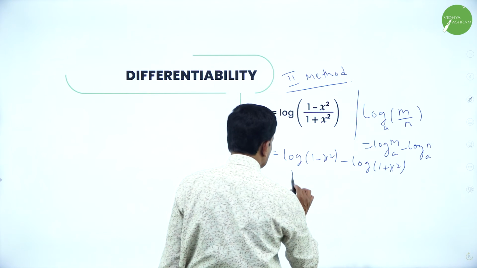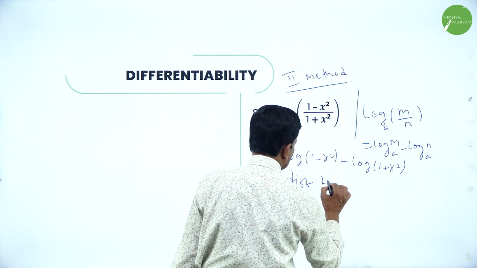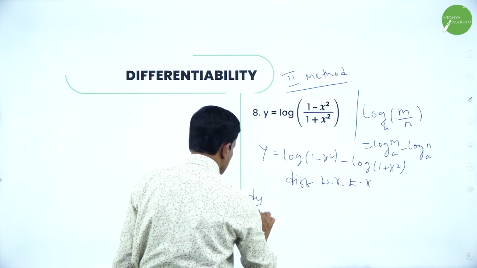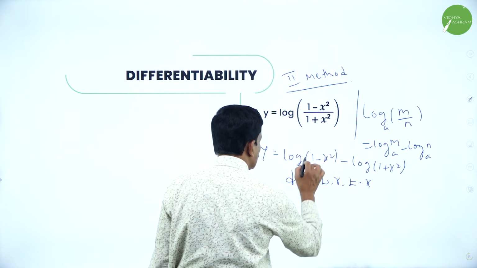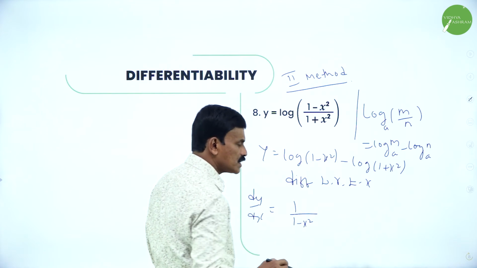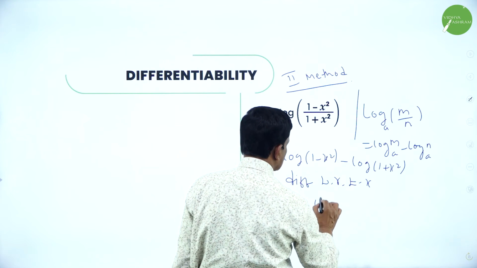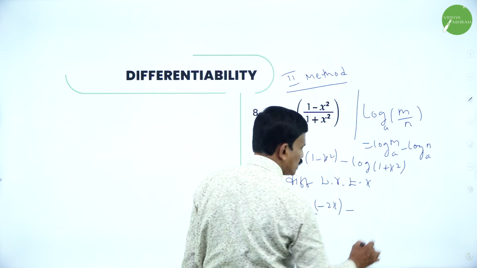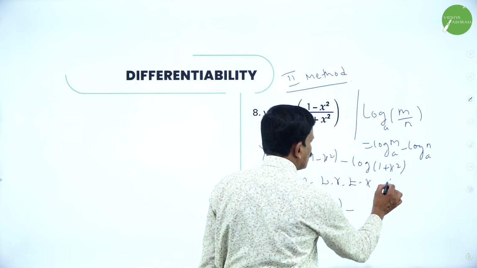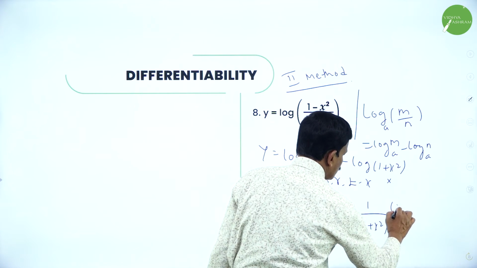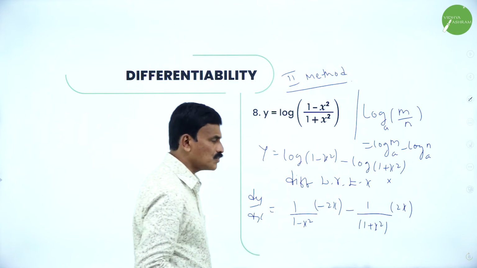Now, differentiate it. Differentiating with respect to x, then what you will get, dy by dx is equal to differentiation of log x is 1 by x, 1 by 1 minus x square into d by dx of 1 minus x square, 1 is constant, x square is minus 2x, minus, again differentiation of log x is 1 by x, 1 by 1 plus x square into differentiation of x square is 2x.